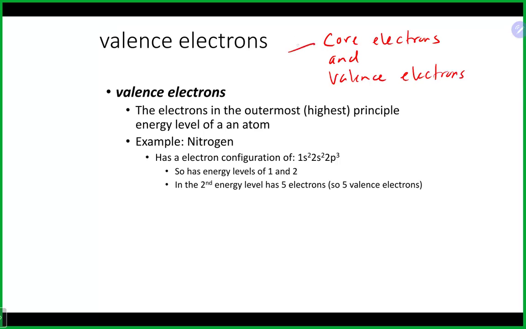Now, core electrons are lower energy electrons. They are closer to the nucleus, while valence electrons are the highest energy electrons. They are the furthest away from the nucleus.